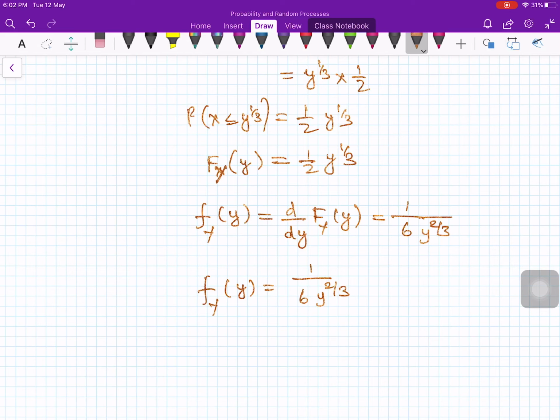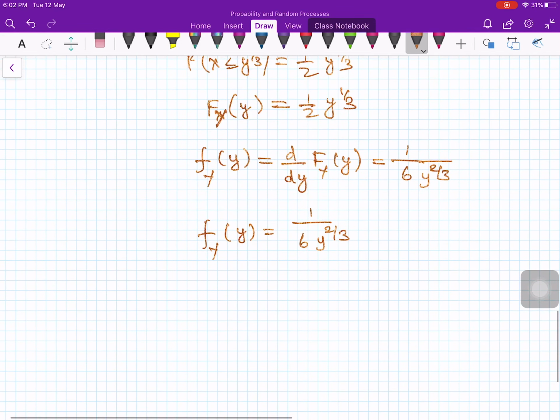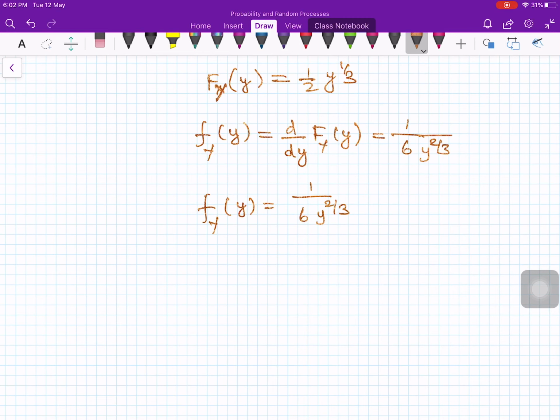Okay, now if you wish to plot this function, how does it look? So you take this y to the -2/3. Take this alone, just forget about 1/6. It is a constant. For the time being, don't consider 1/6.